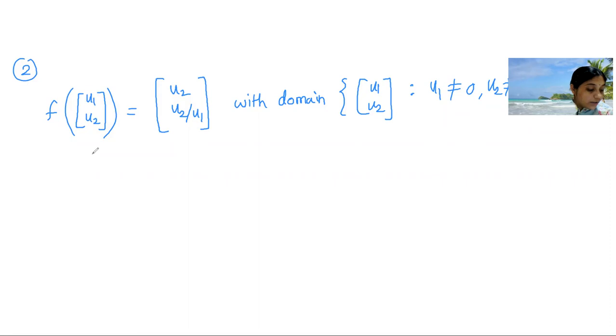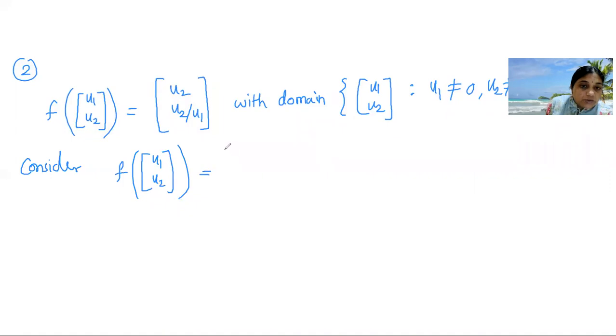So how can I find fixed points of this? Consider f of u is equal to u, right? u is here (u1, u2). So consider f of (u1, u2) is equal to (u1, u2).